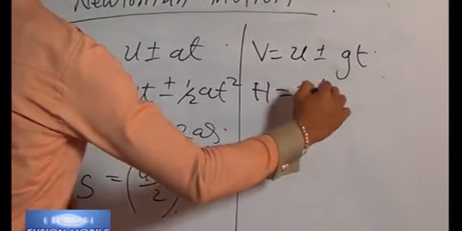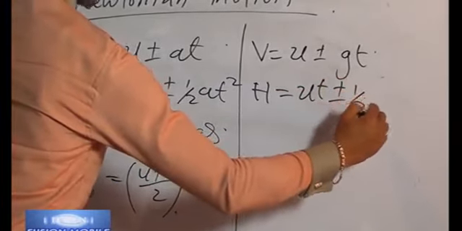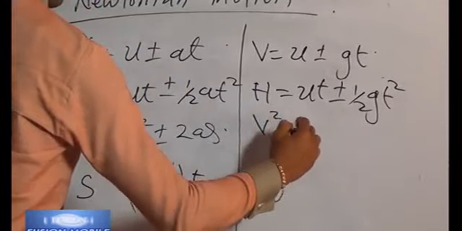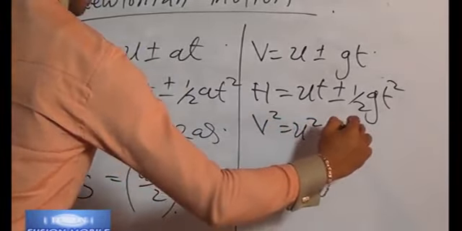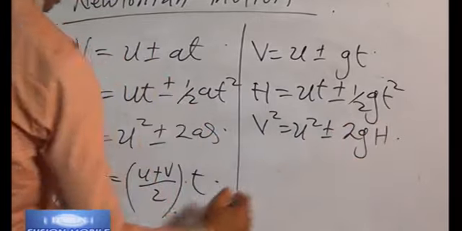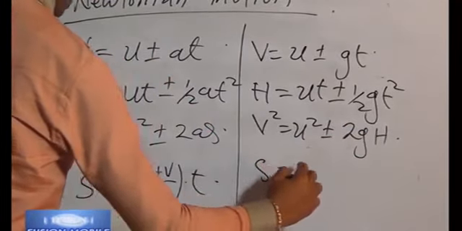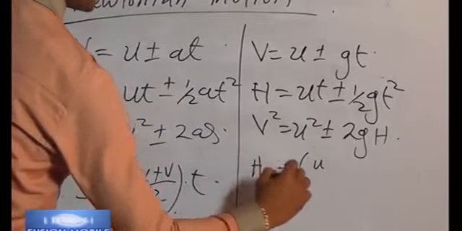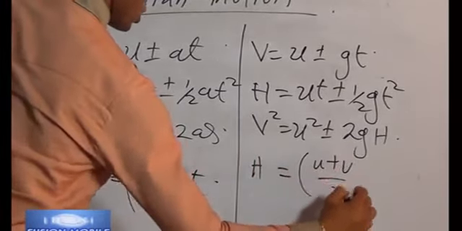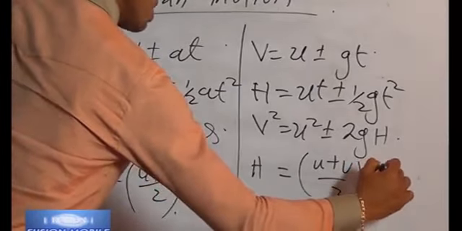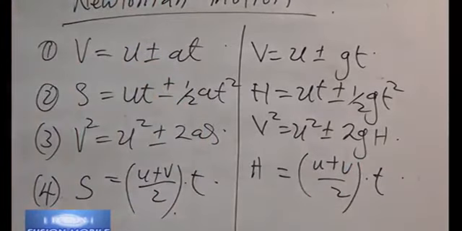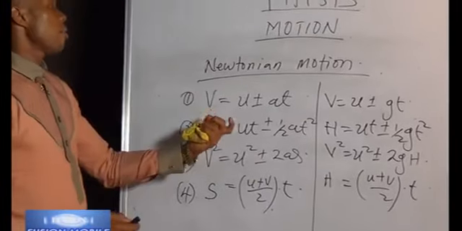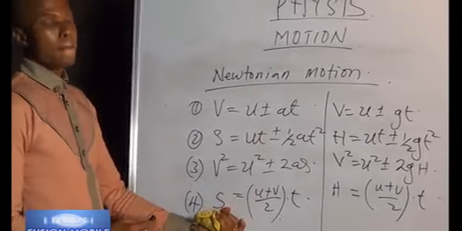Height equal to ut plus or minus half gt squared. This one we have v squared equal to u squared plus or minus 2gh. While the last one remains the same, the last one becomes h equal to (u plus v) over 2, all multiplying t. And these are equations of Newton, which can take care of any problem on linear motion.